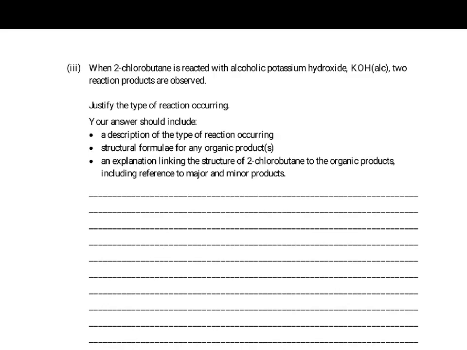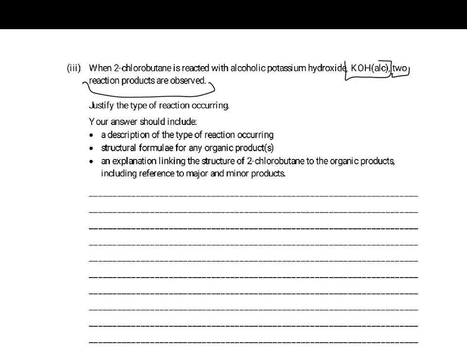Alright, big question. When 2-chlorobutane reacts with alcoholic potassium hydroxide, 2 reaction products are observed. And you need to justify the type of reaction, including a description, structural formula, and an explanation linking the structure of that to the organic products, including reference to major and minor products. So, whenever you form 2 products, it's because you've either done an addition or an elimination reaction.